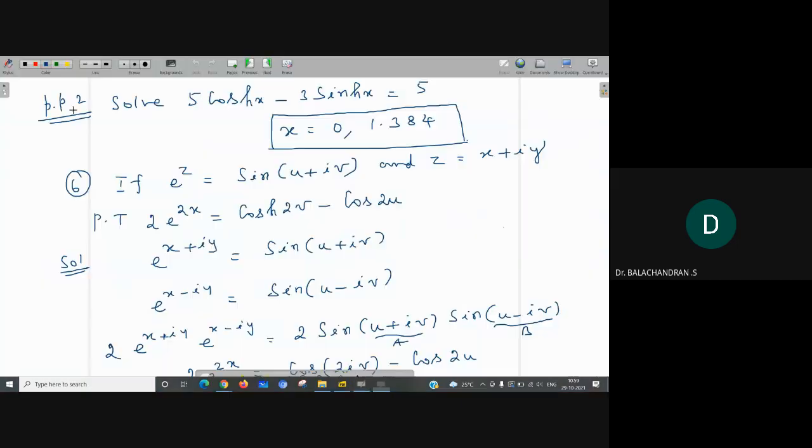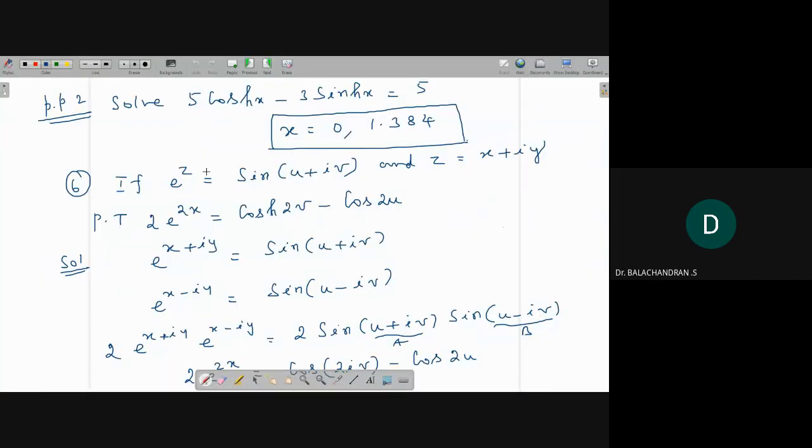Okay, again I will repeat. So you should substitute z equal to x plus iy. So e power x plus iy equal to sine of u plus iv. So from this we have e power x into e power iy. So I should write sine A cos B plus cos A sine B. Here the left hand side, the real part is e power x into cos y.